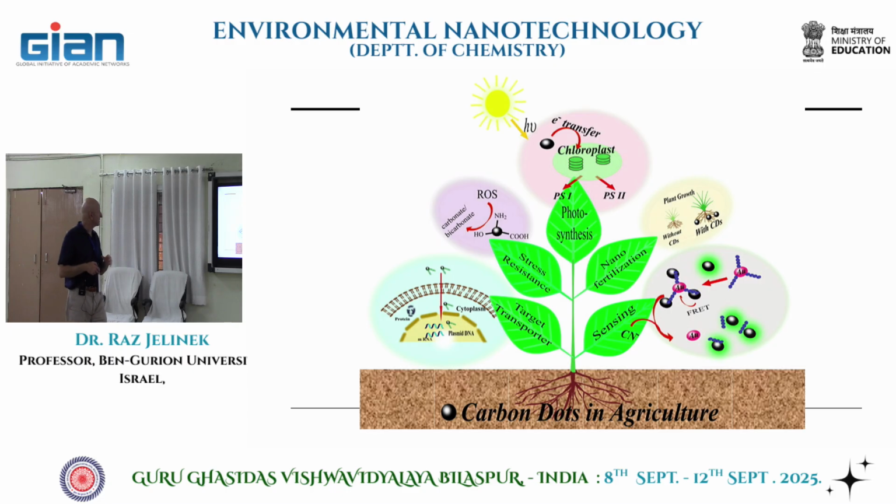So these are just examples of what you can do with carbon dots in agriculture, again, as a simple carbon source that plants can use both for food and for photosynthesis.